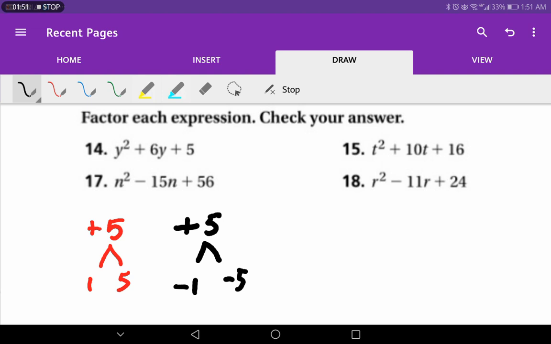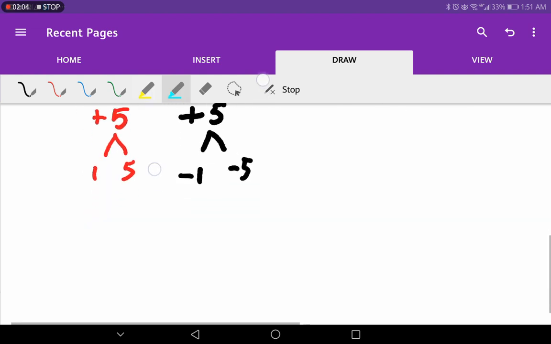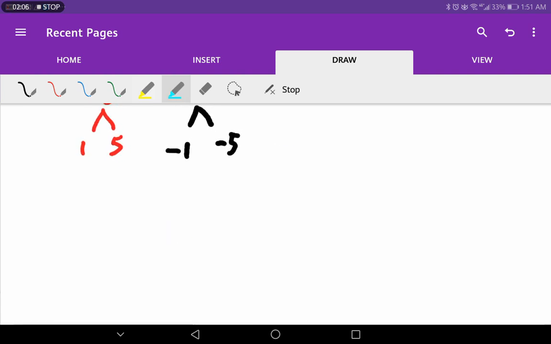But actually, only one of these is correct. Who determines which one is correct? Great, the mid term, which is the positive 6. If you add the first two factors, you will get positive 6.